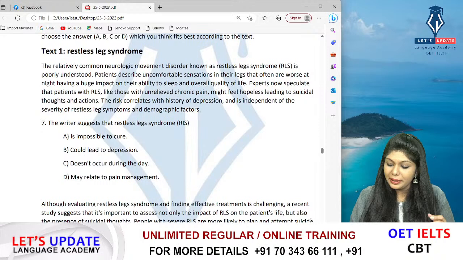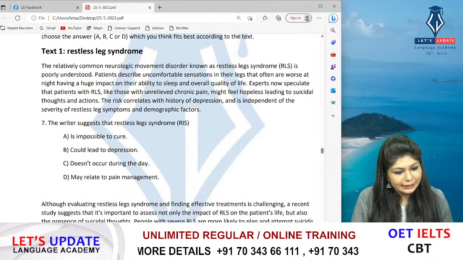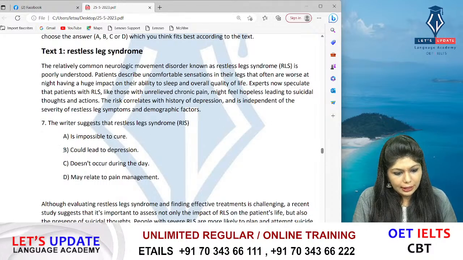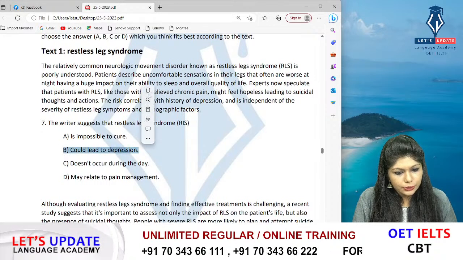Yes, and that B is the correct answer. So yes, it indeed could lead to depression. I'll just highlight the answer and the section of the paragraph which has led to this correct answer.